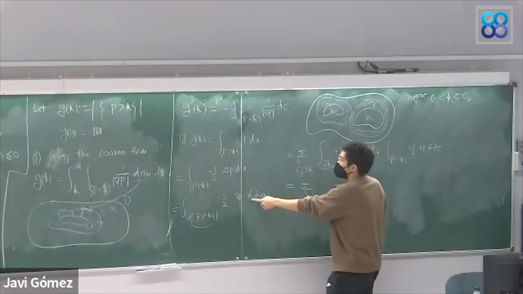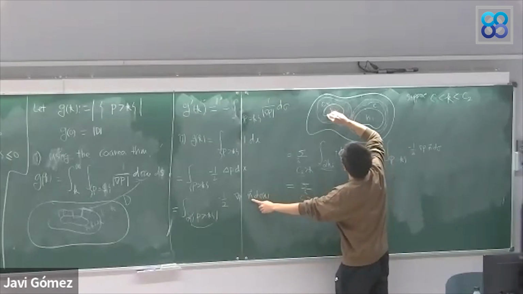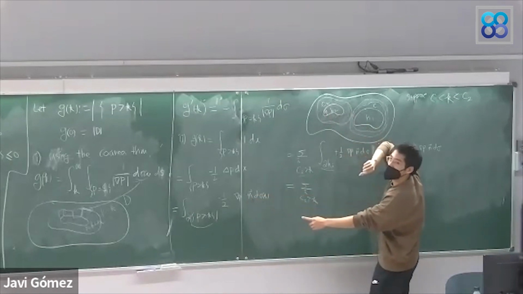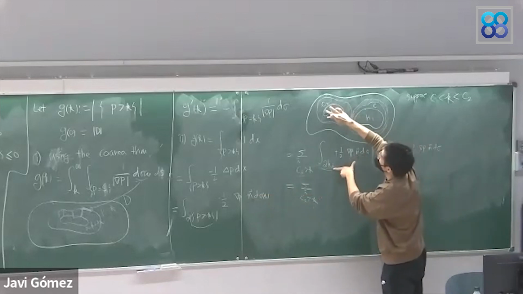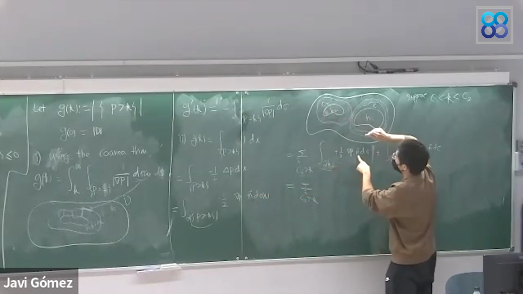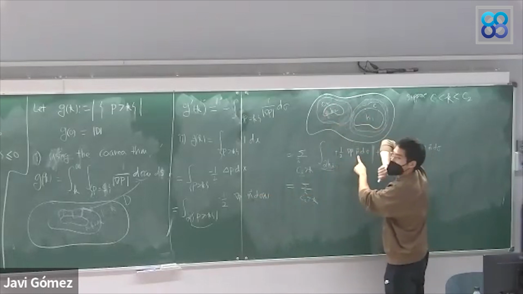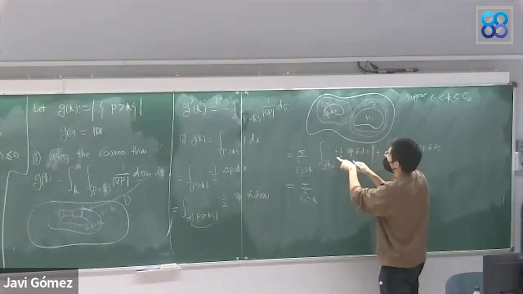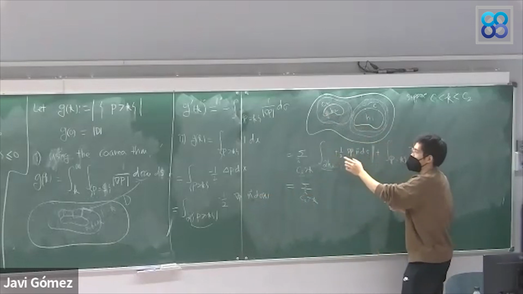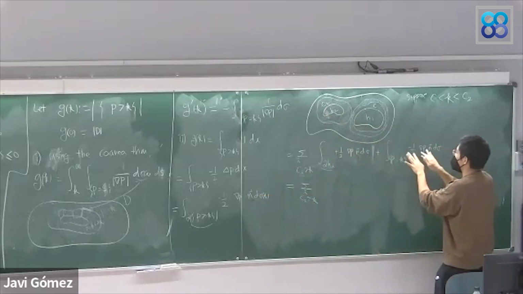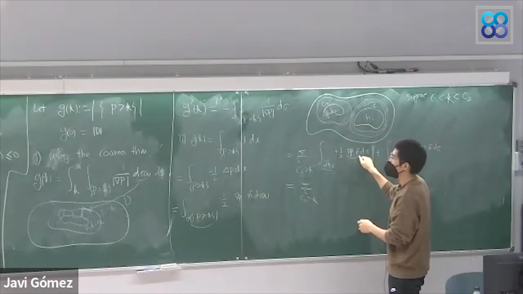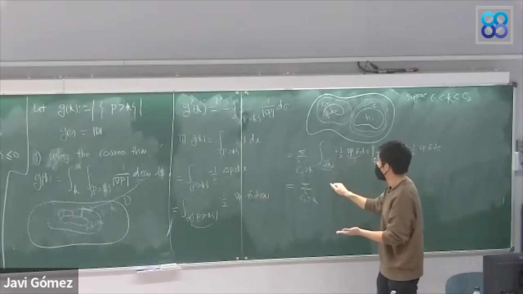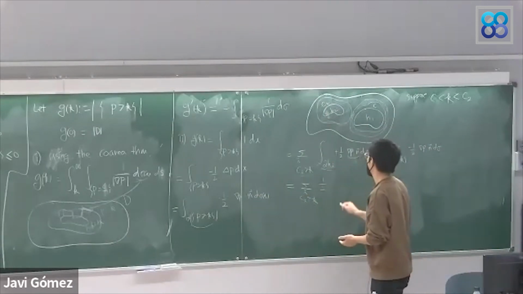Because here this n, for example, is pointing inwards, but when I write it this way, we promise that n is always pointing along the outer normal. So we have to multiply by a negative sign. So this is going to be positive, and this we keep the negative sign here. Then this guy is going to be negative 2 times the area of the hole. So 1/2 times negative 2 times the area of Hi.